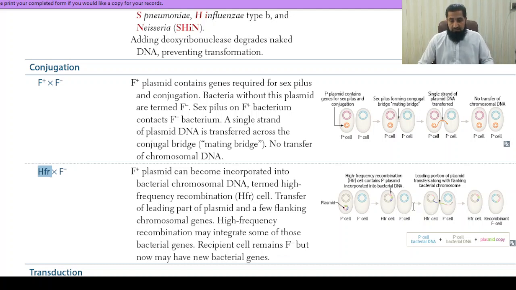After that, the leading part of the plasmid is transferred along with flanking bacterial chromosome.